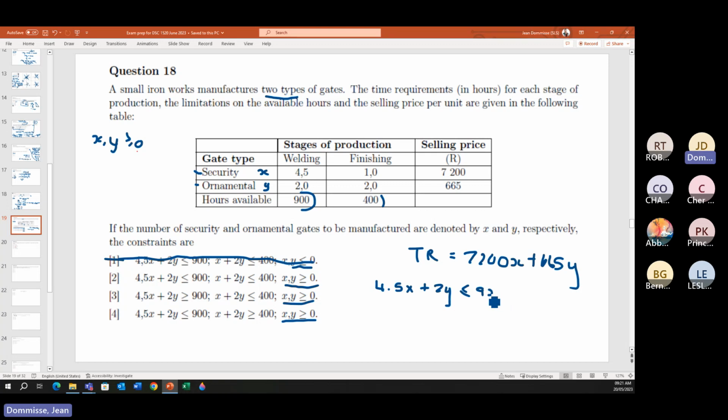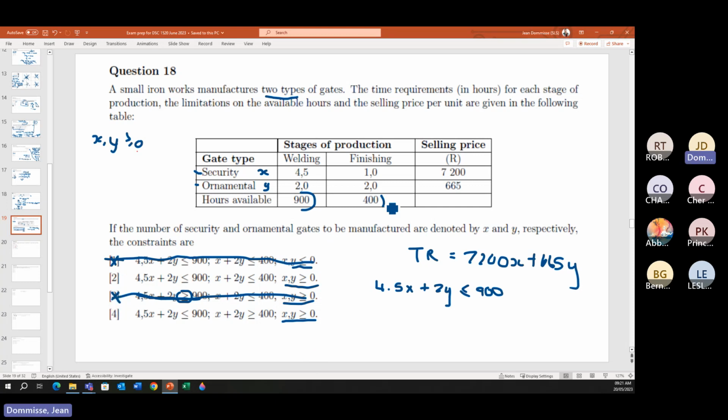So I have exactly 9 hours available or less. I don't have more than 9 hours available. So if I look at my formulas, one can't be, because it needs to be less than. So we already have eliminated another one.